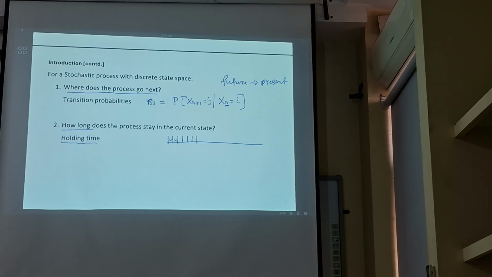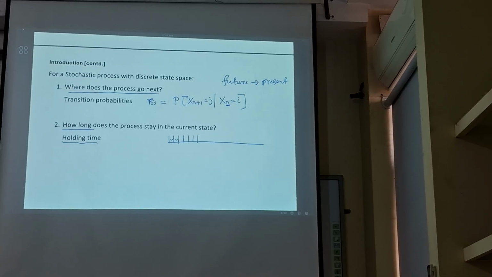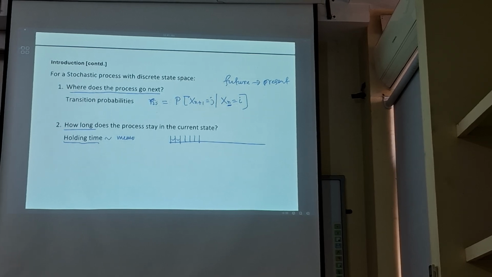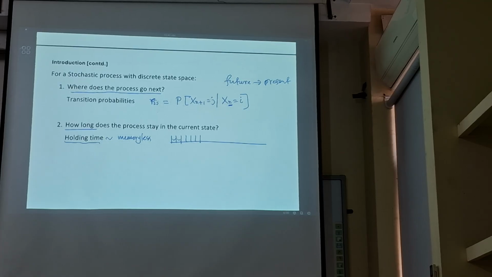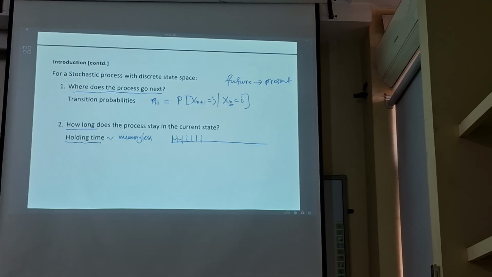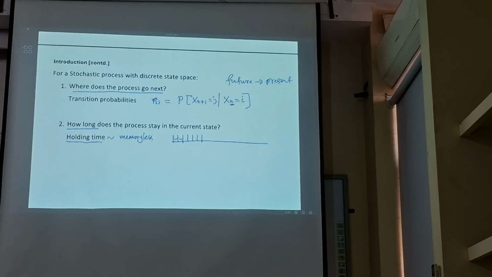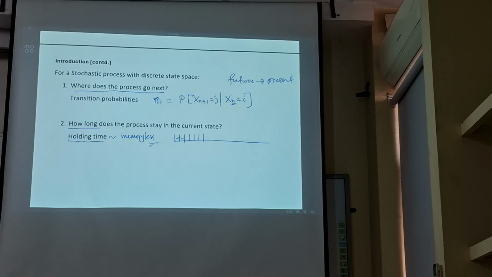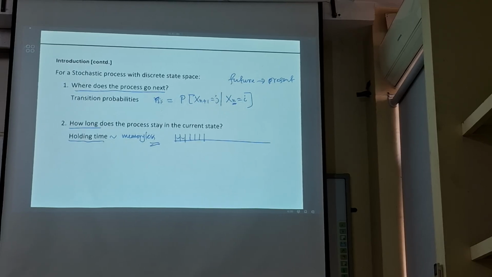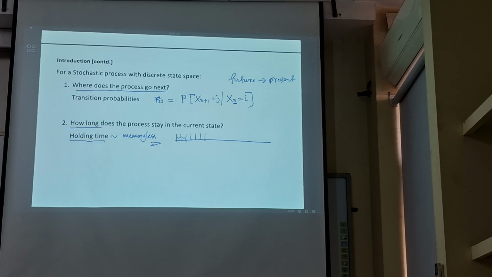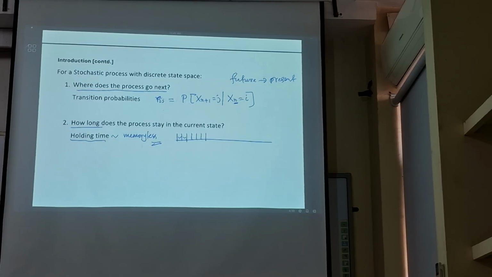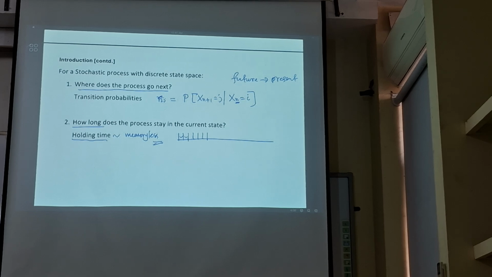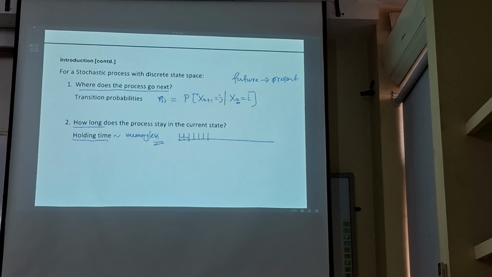So the holding time is what? Memoryless. The key point is that the holding time the process stays in the current state has a distribution which is memoryless. And when we defined the continuous time Markov chain, we showed that unless it is memoryless, the process needs to remember how long it has been in the current state and how long it will remain in the current state.